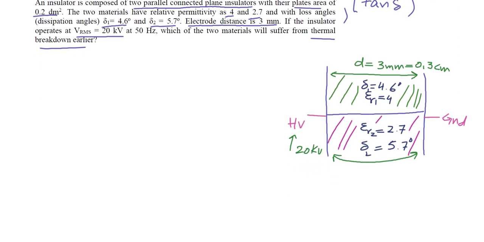So the electric field from high potential to the low potential, E in this case, will be equal to U by D, the applied voltage divided by the gap distance. We are interested in the RMS electric field, as in the formula we have RMS.